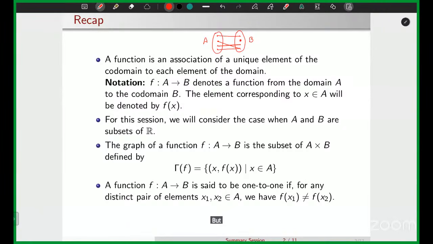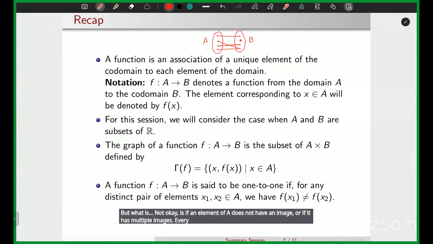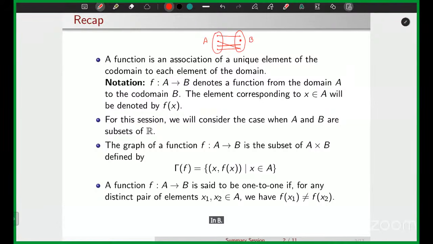But what is not okay is if an element of A does not have an image, or if it has multiple images. Every element of A should have a unique element in B. A and B we will be calling the domain and the codomain. This sort of diagram is okay to keep as a prototype whenever you want to think about certain properties.